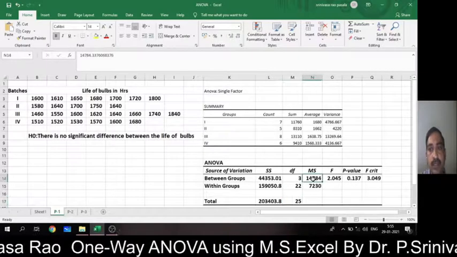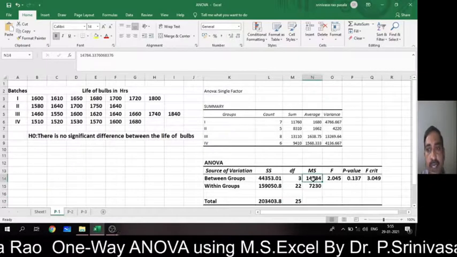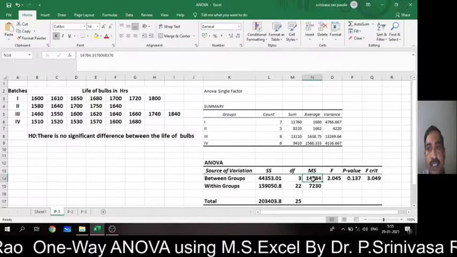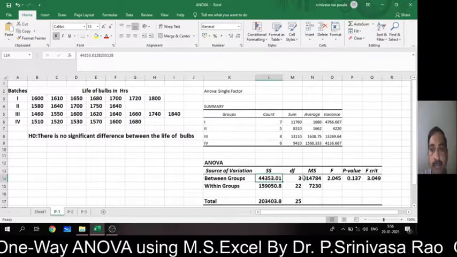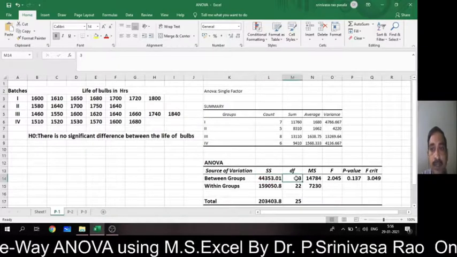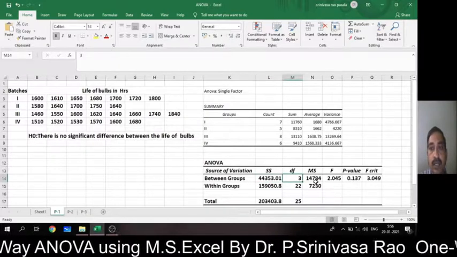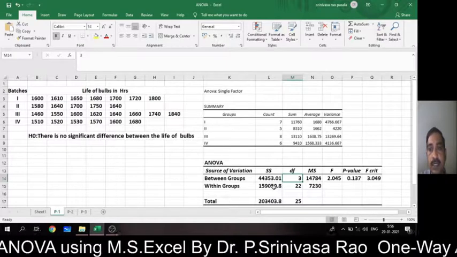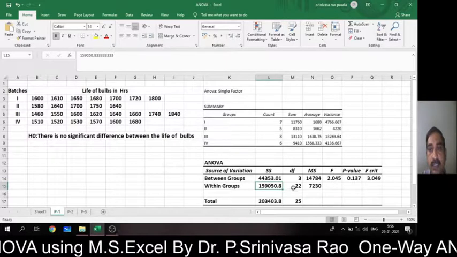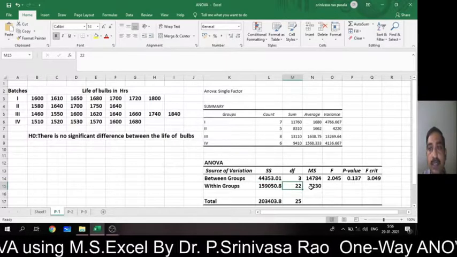The mean sum of squares is defined as the ratio of sum of squares to its degrees of freedom, which means treatment sum of squares divided by 3, so you will get 14,784, right? In a similar manner, the error sum of squares by its degrees of freedom is 7230.